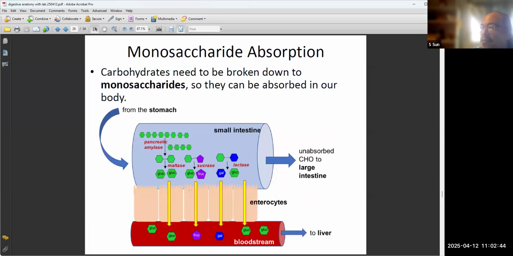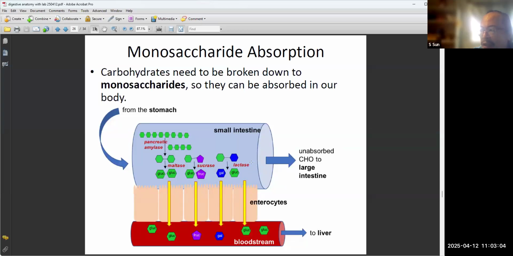Before we absorb them, we can further digest the disaccharides into monosaccharides. We have the enzymes called maltase, sucrase, lactase. The reason I show you this one is because not everybody has all these enzymes.